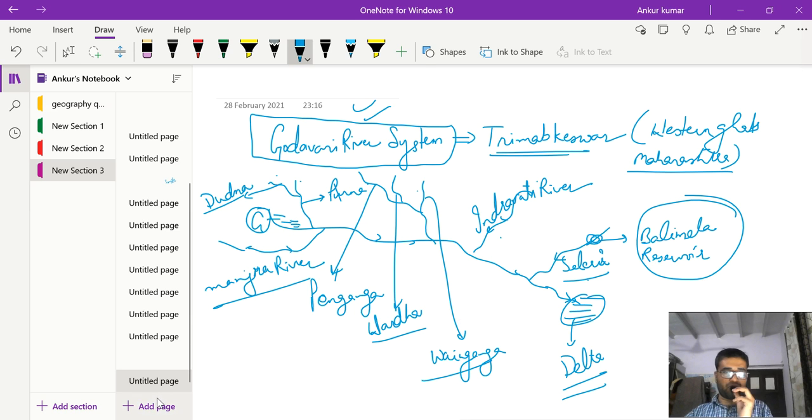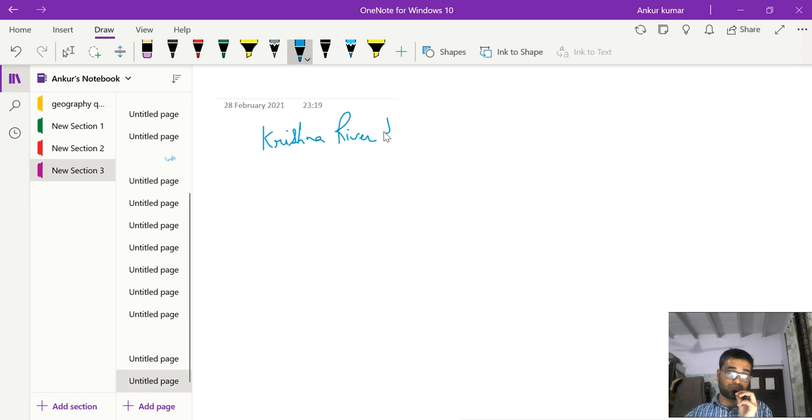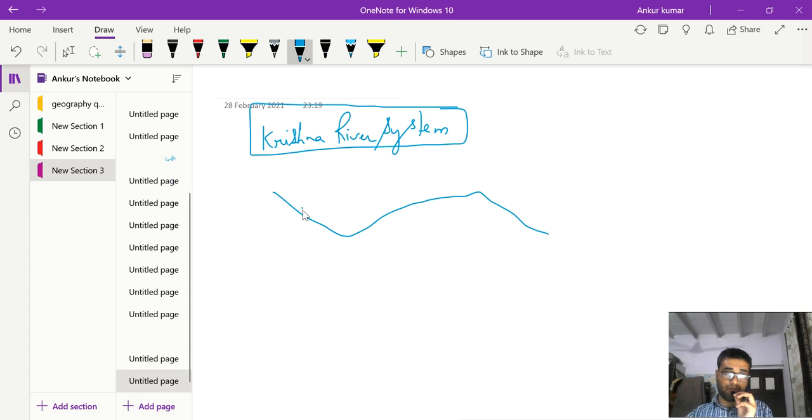Very simple. Moving on to the next drainage system of peninsular India, that is the Krishna River system. So this is the Krishna River here, something like that. This is the shape of the main Krishna River. Here it is joined by the Tungabhadra River.